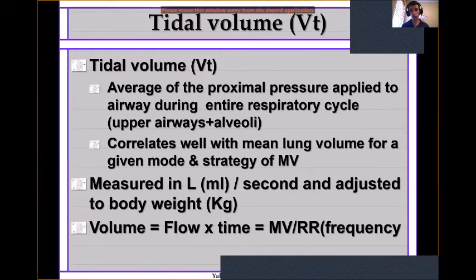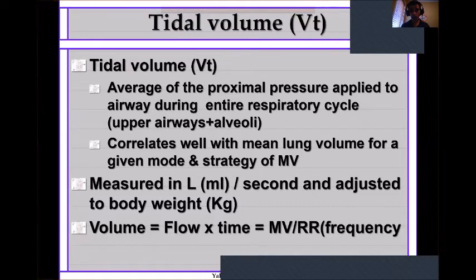So when we talk about tidal volume, we're talking about the change of volume in the airway and the alveoli. We're not talking about the dead space, because that's not calculated. And it correlates very well with the minute ventilation. The tidal volume is measured in mL, and usually in pediatrics we put it over kg.